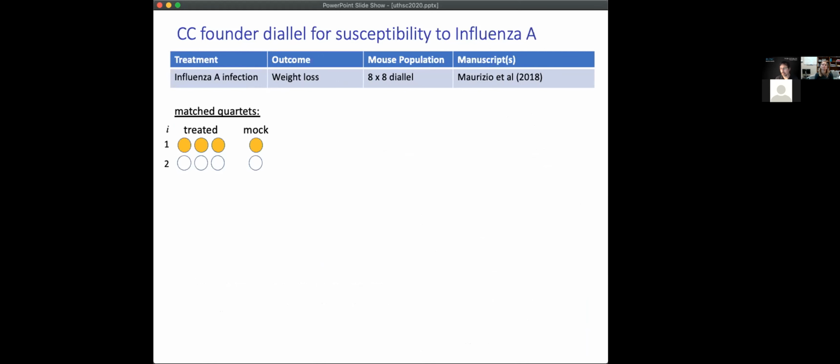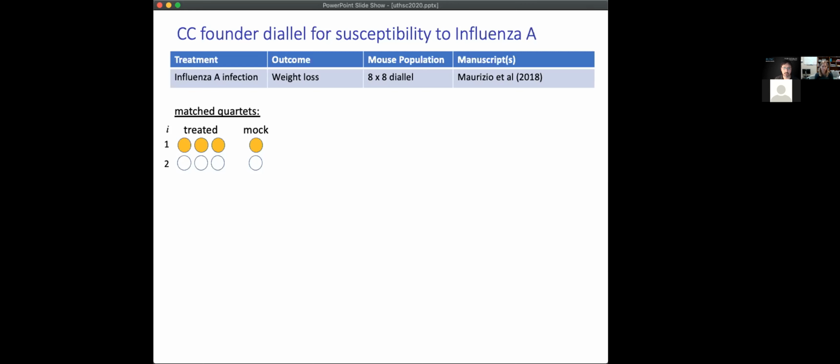What this was looking at, we were giving the mice influenza and tracking over a period of 4 days how much weight they lost. But we're also doing this for mock animals who were going through the same kind of experimental process, except for the flu.